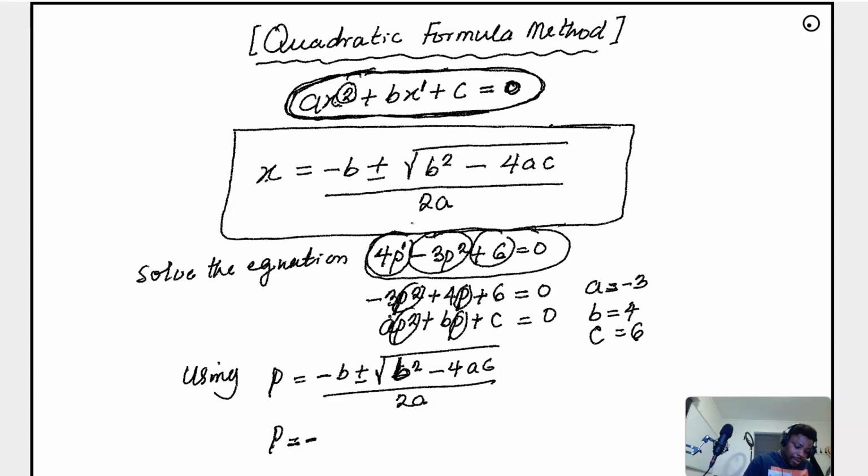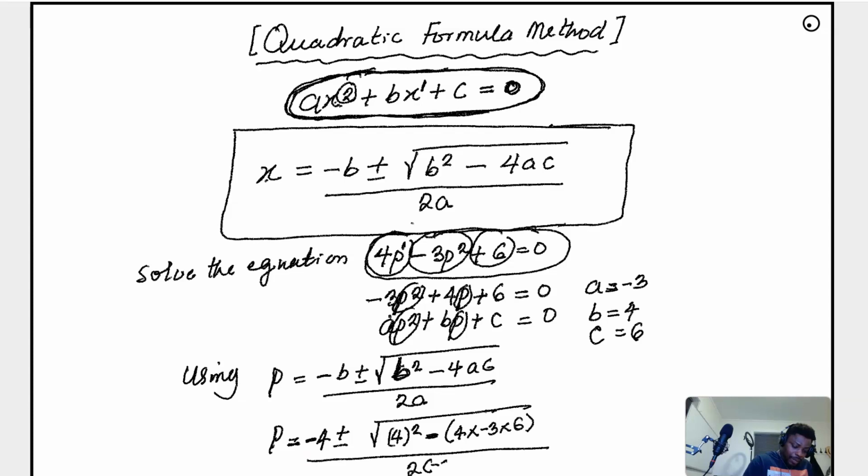Minus, what is b? b is 4, plus or minus, 4 squared minus, put your bracket, 4ac, 4 times what is a? Minus 3. What is c? 6, all over 2a. What is a? Minus 3. Easy.